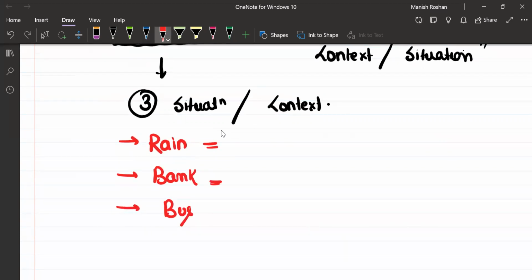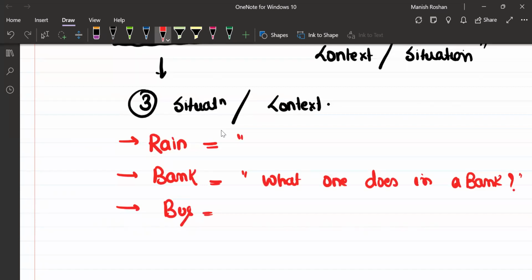If it is raining and he or she has to go to an important place, what would he or she do in that situation? Similarly, for the bank, you can ask what one does in a bank, or what the bank is meant for.